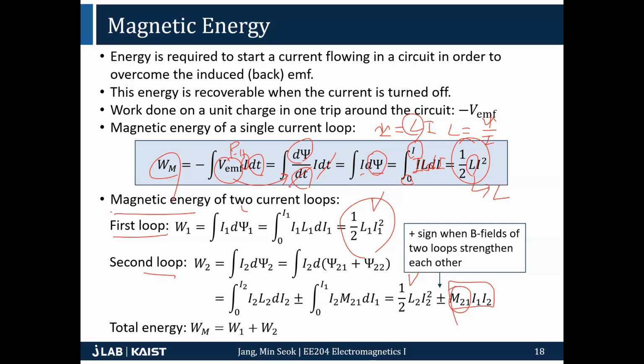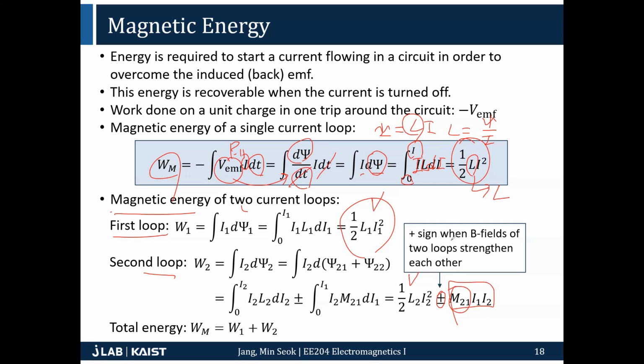The energy associated with mutual inductance can be positive or negative, depending on the orientation of the B field.